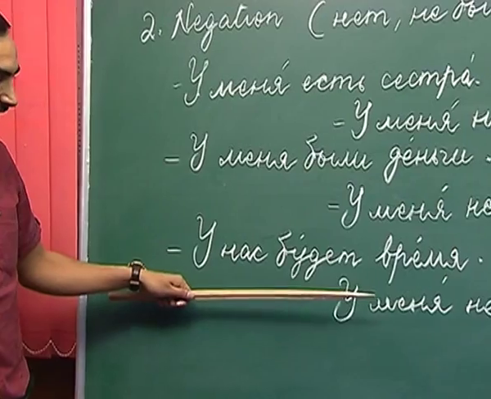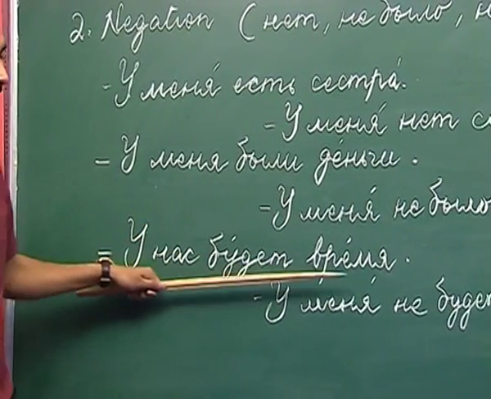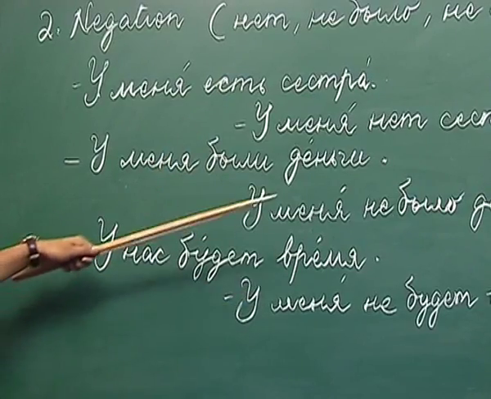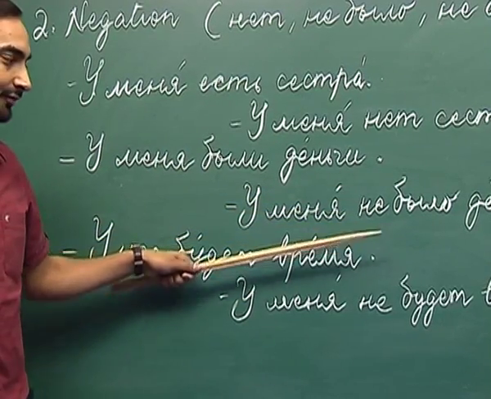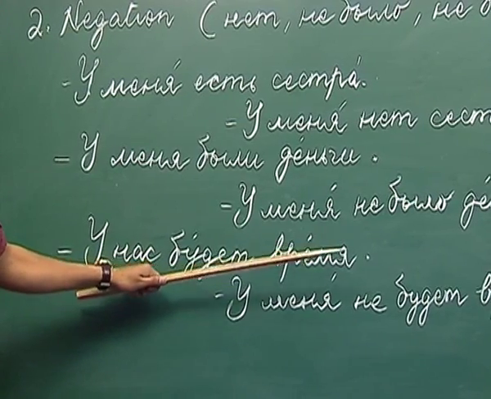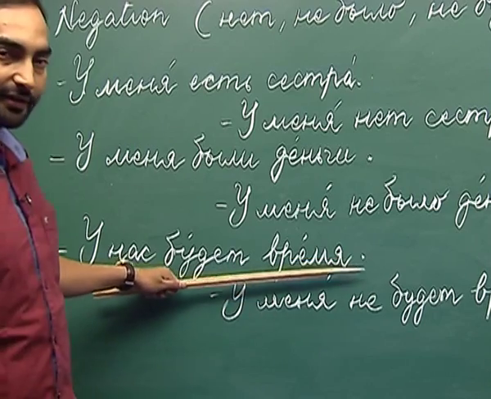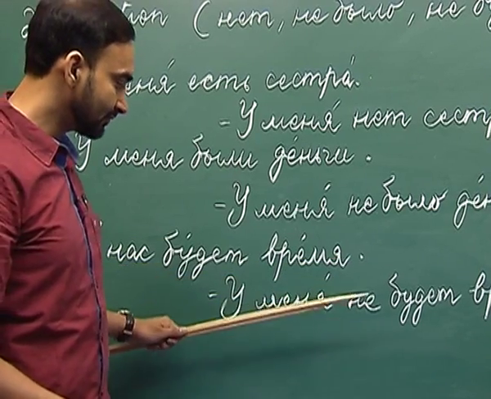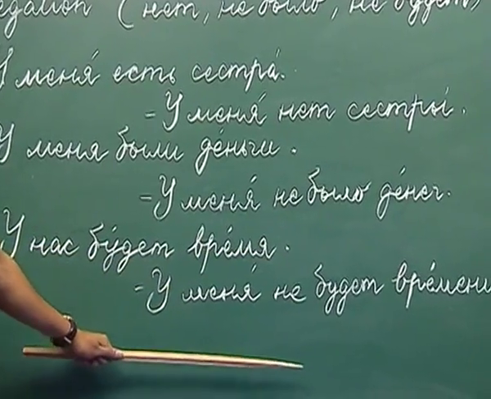The next example is in the future tense. У нас будет время. So, we will have time. This was the assertive construction, and время is in the nominative case. What if we convert the same sentence into a negative one?